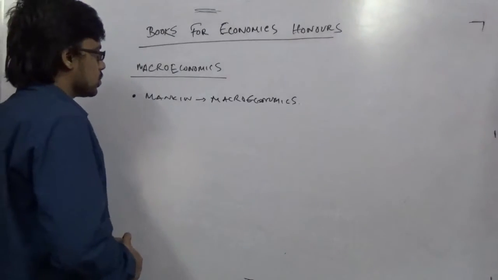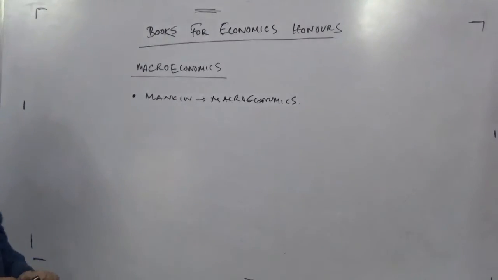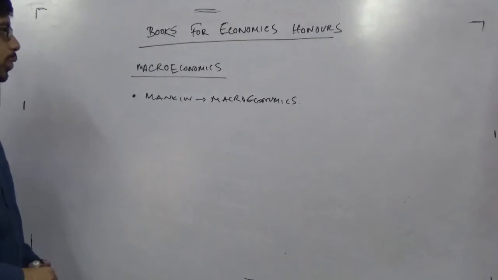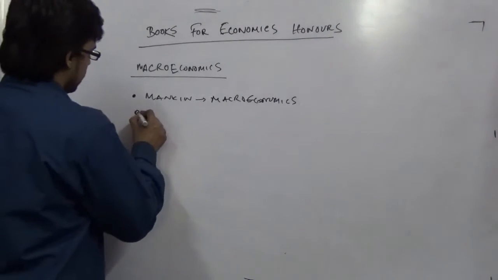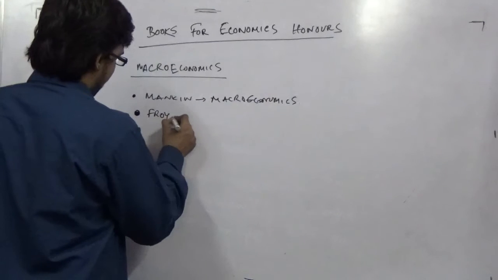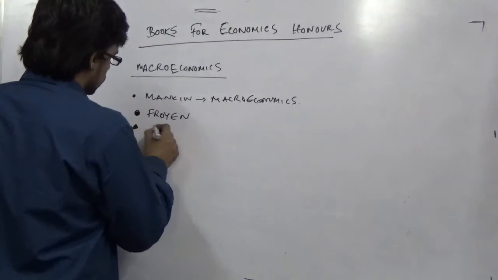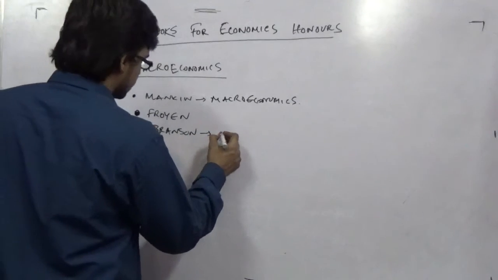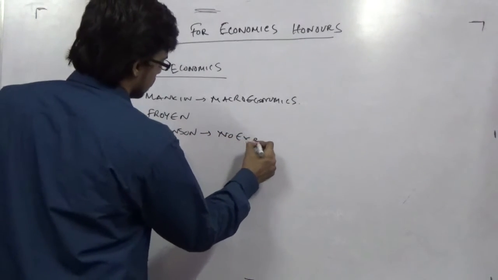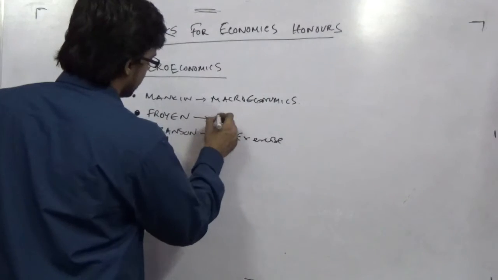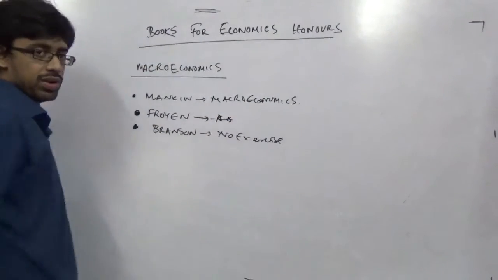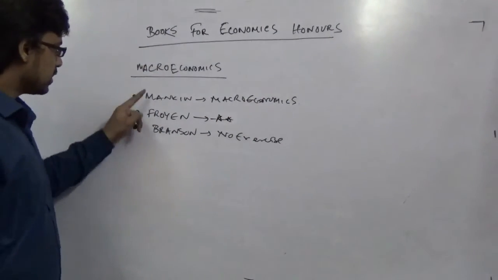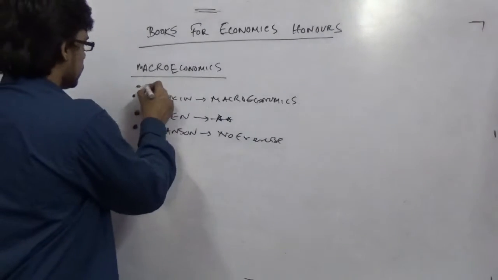So these are the 2 books of Mankiw, and after that there is a very good book written by Froyen, and there is also Branson. These books don't have any exercises or questions, but Froyen is really good, especially for competitive level economics examinations. So these 4 books and the Principles.